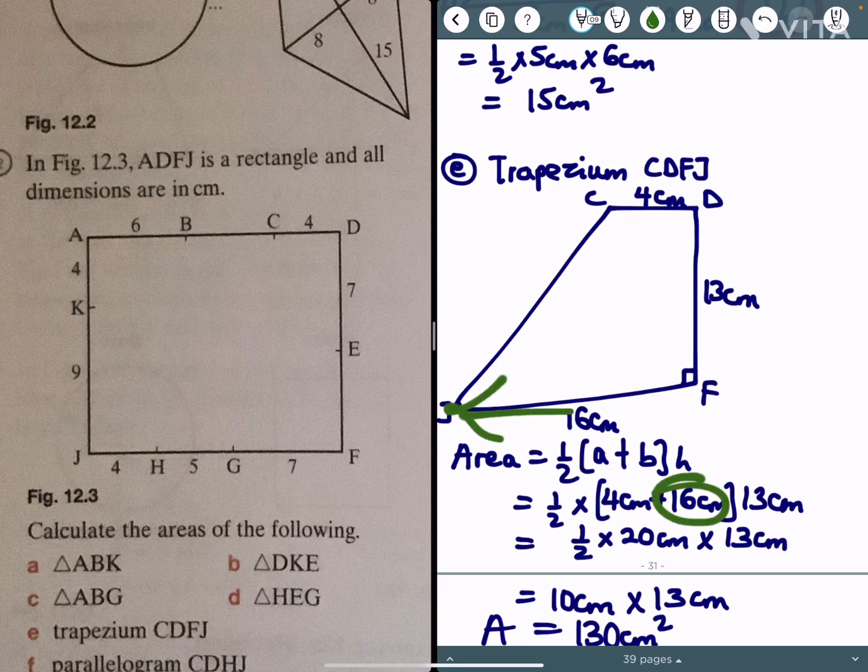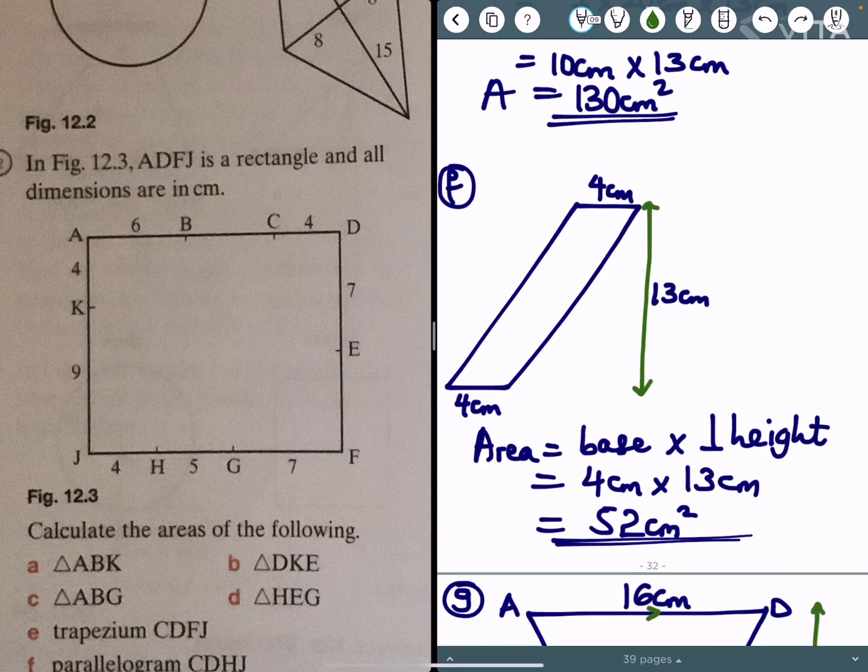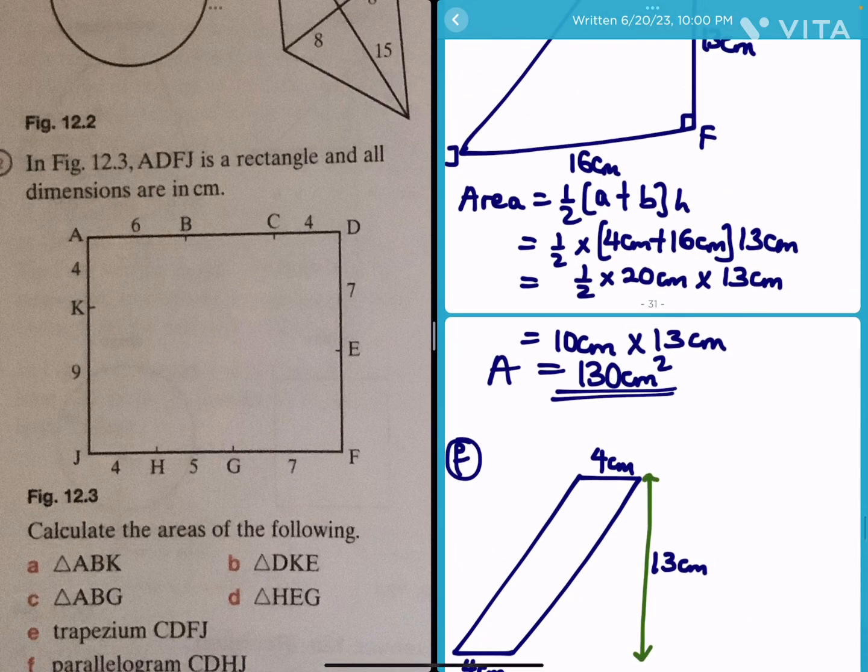So half times 4 plus 16 times 13 gives the area of the trapezium, 130 centimeters squared.